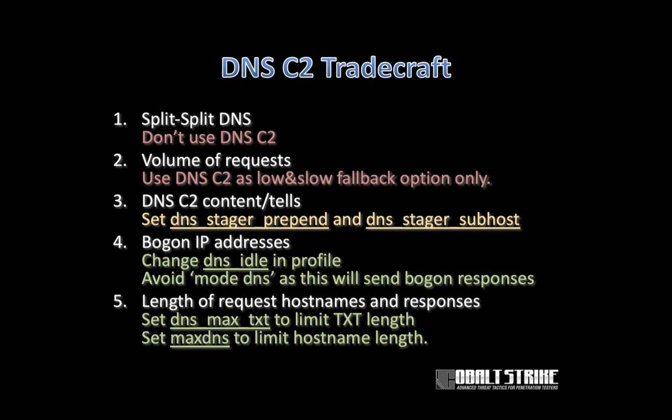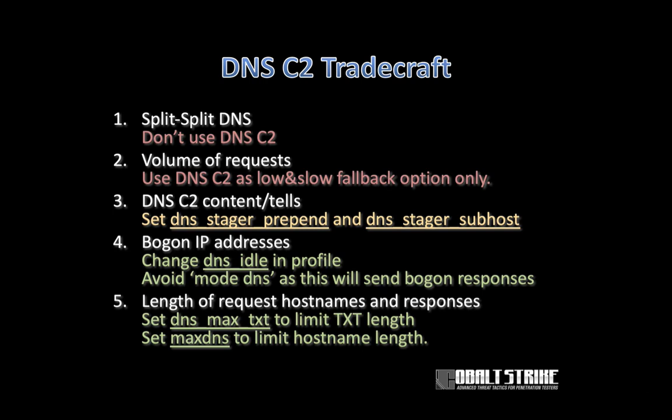As for bogon IP addresses, there is an option in malleable C2 called DNS idle. This allows you to change the idle response used by Cobalt Strike's DNS server. And this value is also used as a XOR mask for other signaling responses as well.